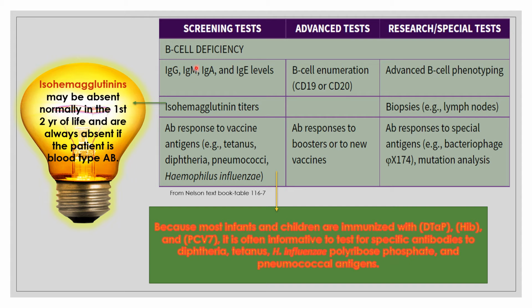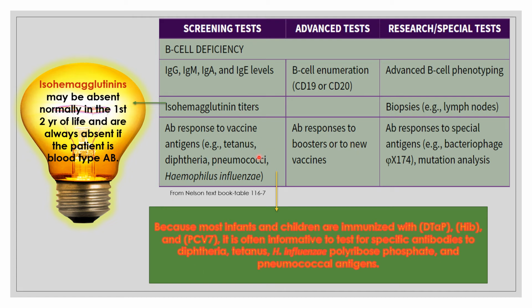The third screening test is antibody response to vaccine antigens like tetanus, diphtheria, pneumococcus, Haemophilus. Because most infants and children are immunized with DTaP or Haemophilus influenzae type B or a pneumococcal vaccine, it is often informative to test for specific antibodies to diphtheria, tetanus, Haemophilus influenzae polyribose phosphate, and pneumococcal antigens.